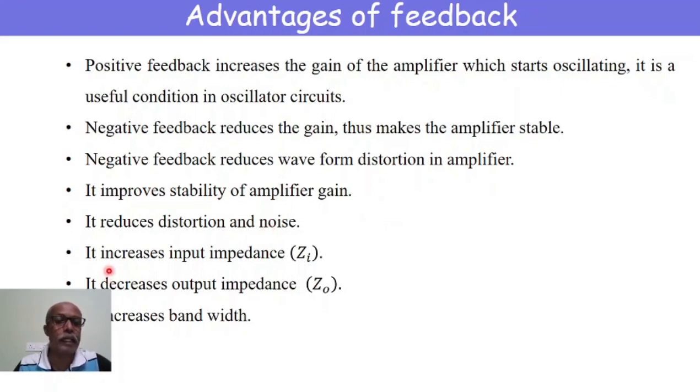Negative feedback increases the input impedance and decreases the output impedance. And finally, negative feedback increases the bandwidth. So these are the advantages of applying feedback, whether it may be either positive or negative.